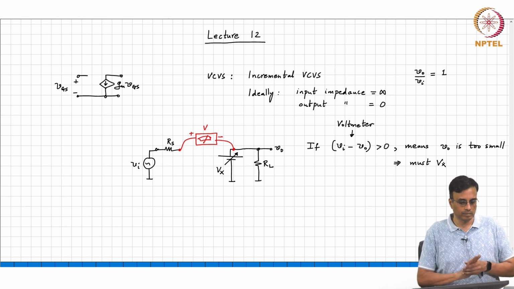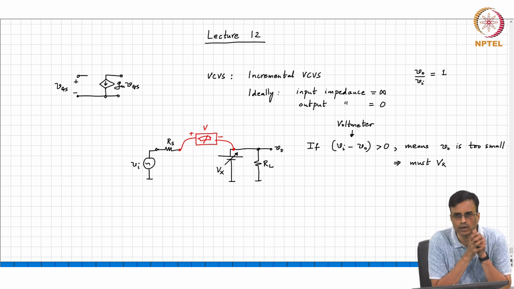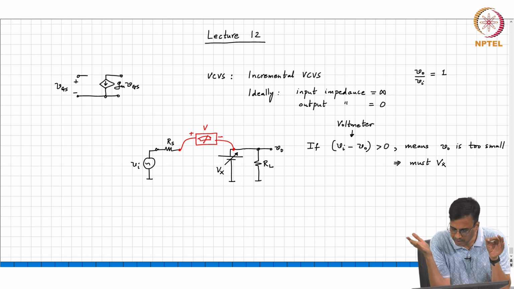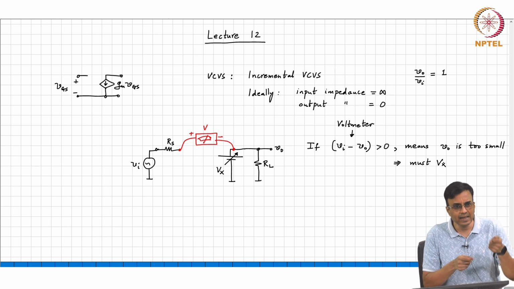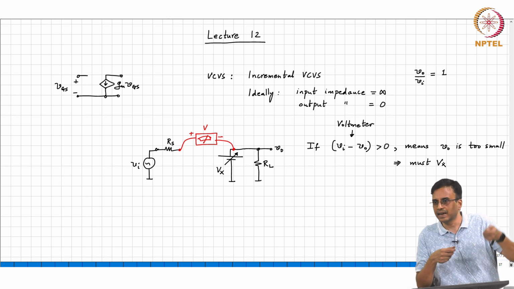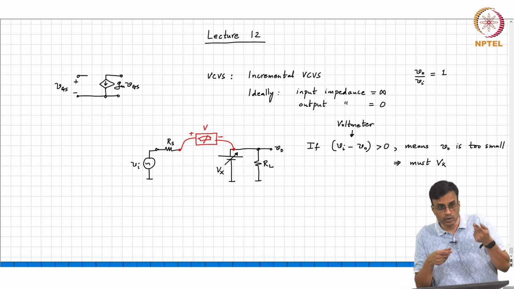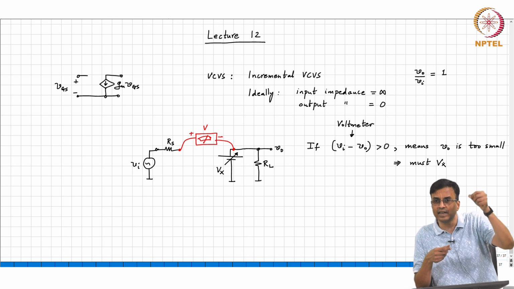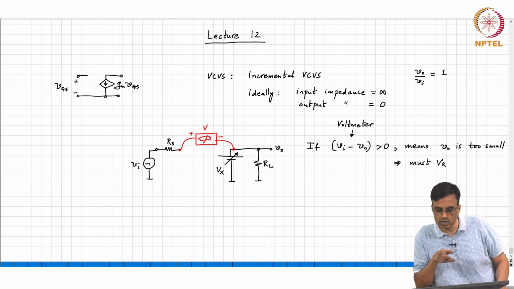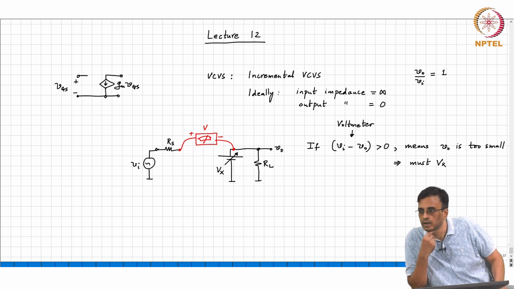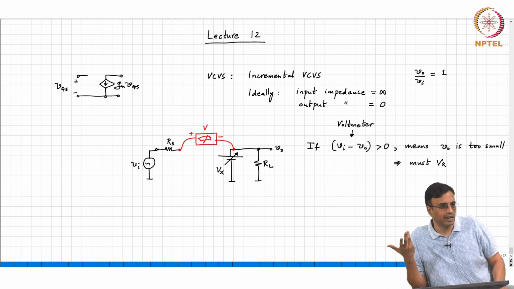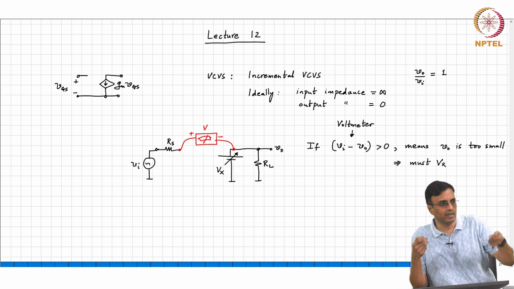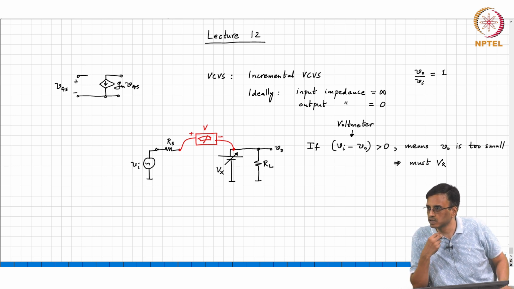Now, let me ask you a question. If we want to increase the potential of a node, in this case Vo, we are taking a variable voltage source and simply yanking its potential up and down. Can you think of another way of increasing or decreasing the potential of a node without using a voltage source? There are two ways of changing the potential of a node. One is to use a variable voltage source to move the potential up and down.